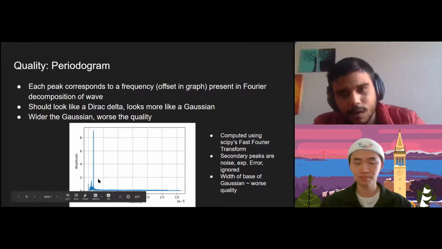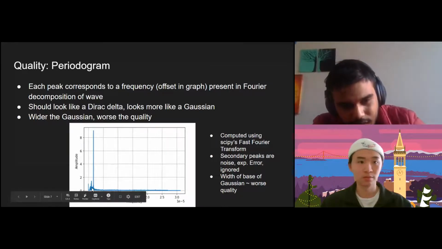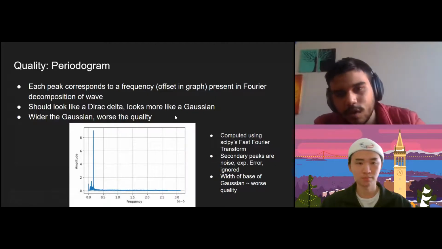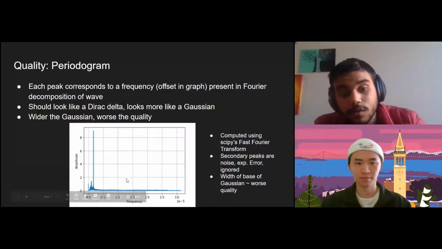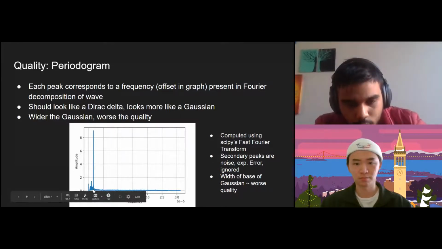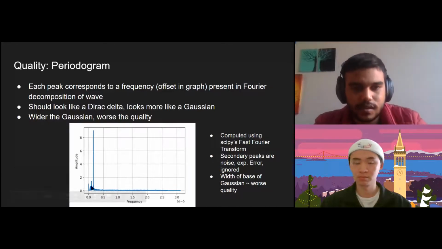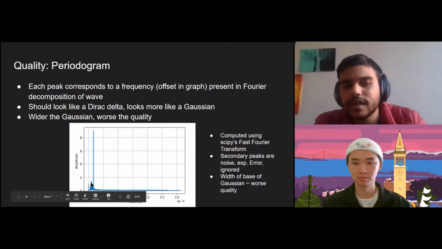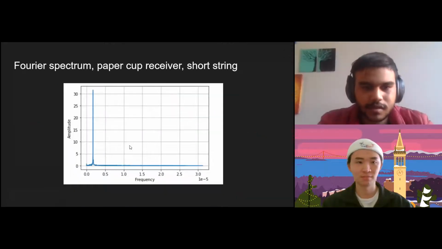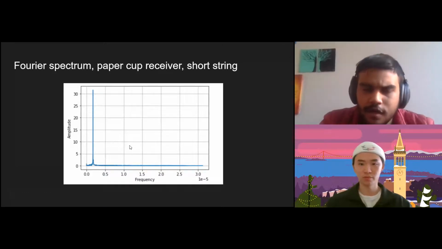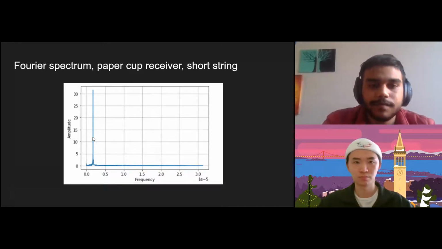But in practice, because of noise and experimental error, we usually have a spread at the base of this peak, so it looks more like a Gaussian. For our experiment, we use the width of this base as a measure of how much noise there was. We'll ignore these secondary peaks because they were the results of experimental errors. This is just an example of another periodogram.